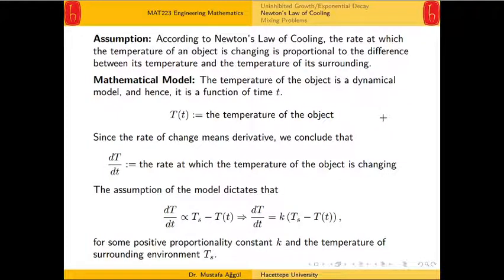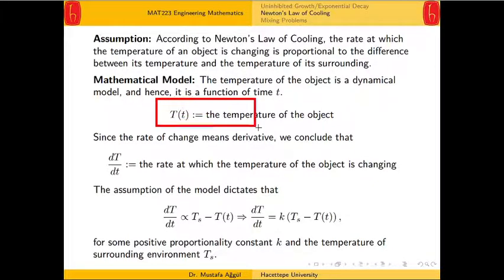Next, we will talk about Newton's law of cooling. The assumption for that will be, according to Newton's law of cooling, the rate at which the temperature of an object is changing is proportional to the difference between its temperature and the temperature of its surroundings.